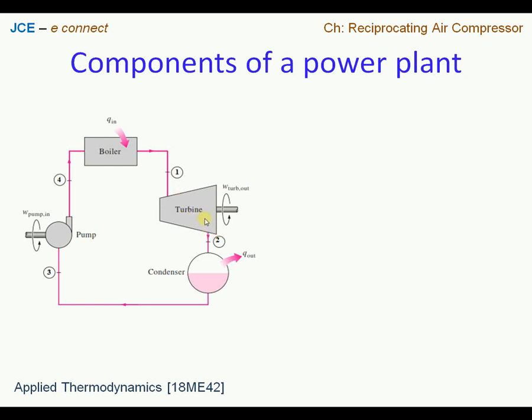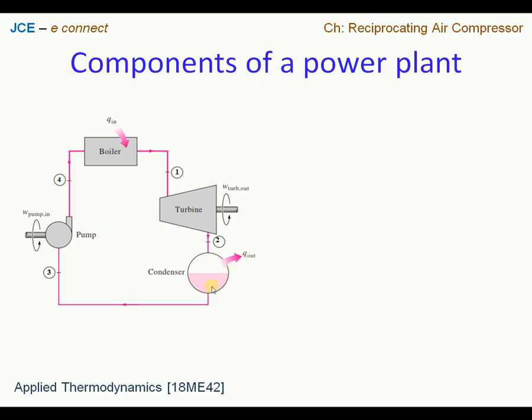Further, from process 2 to 3 the expanded fluid, that is steam, is going to get condensed in the condenser. A condenser is basically a kind of heat exchanger, where we have some cold water circulated around the condenser, thereby heat is extracted. We can see here Q out, heat is rejected, in other words.